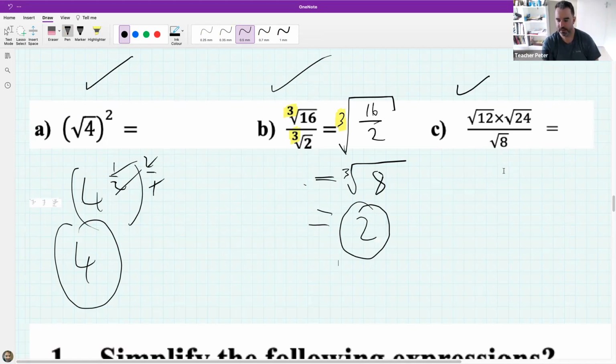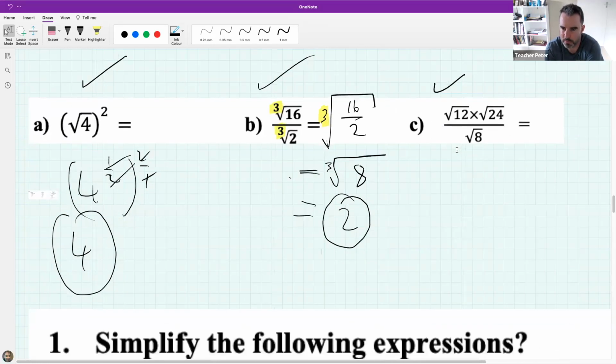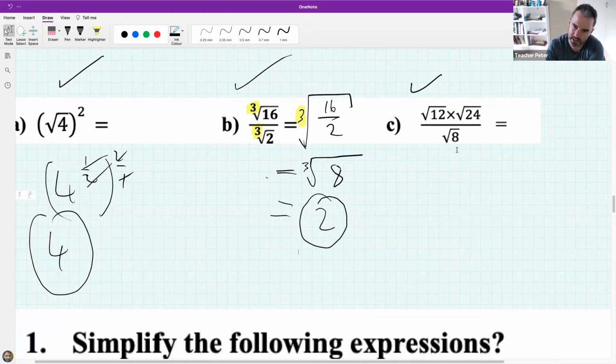Let's do C. What is square root 12 times square root 24 over square root 8? There's a couple of ways we could do this, actually. But what's the quickest way, I guess, is the main question. How would you, what thoughts?